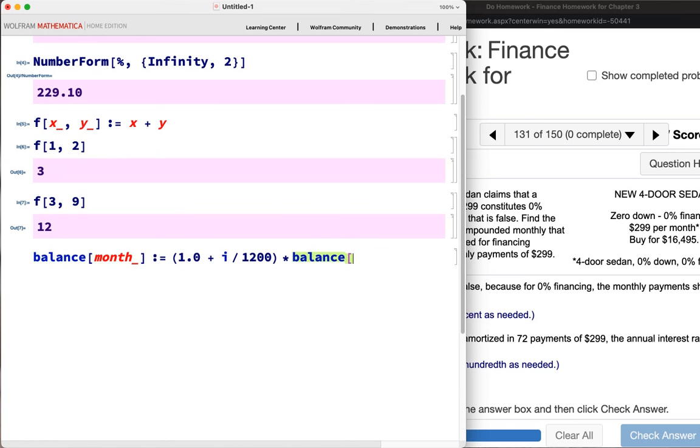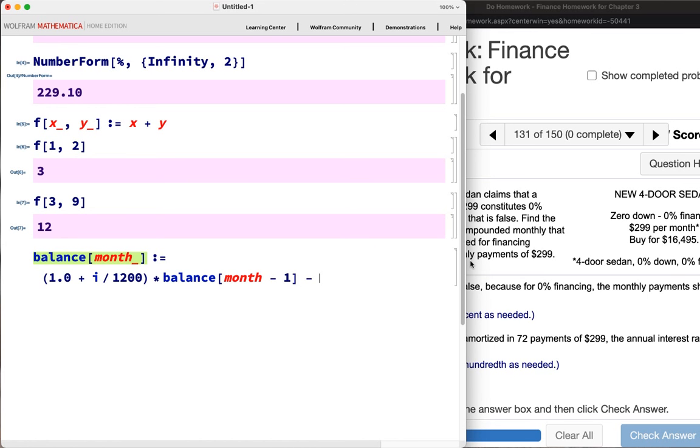Times balance, the previous month's balance, and this is why this function is recursive, because the name of the function appears in its own definition.